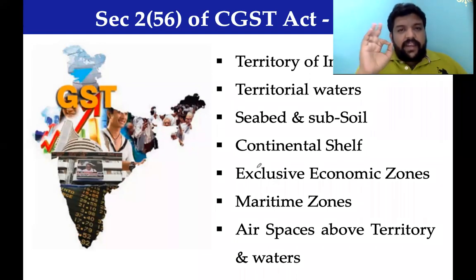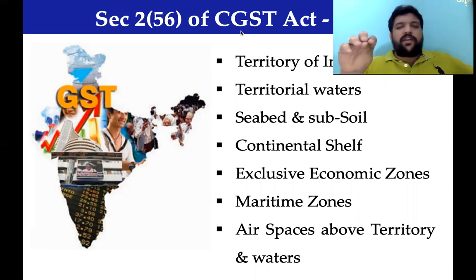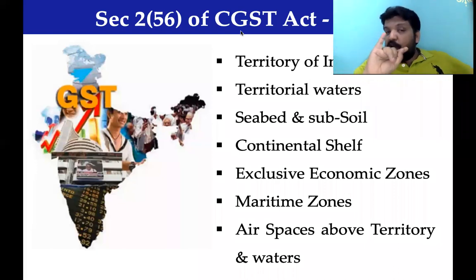So, when it comes to the definition of India, India would include the territory of India, territorial waters, seabed and subsoil, continental shelf, contiguous zone, exclusive economic zone, other maritime zone, and the airspace above the territorial waters and the territory of India.